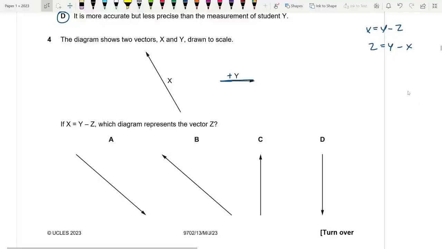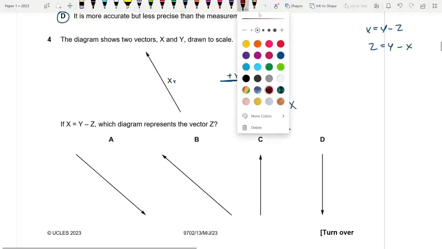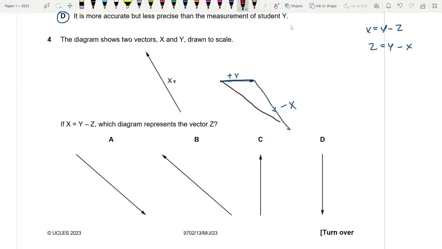Plus y, and since x is like this, minus x will be something like this. This is minus x, and the resultant value should be something like this over here. So I'm looking for something like this, and that matches with 4a. Okay, so I just took plus y to the right, and minus x will be in this direction.